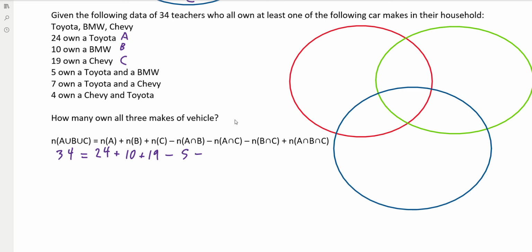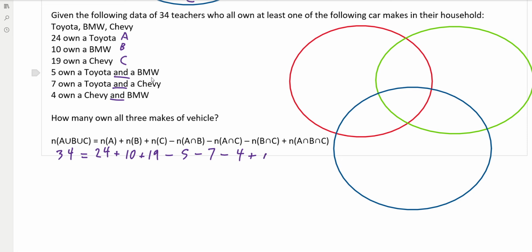Intersection between A and C, that's Toyota and Chevy, is 7. And the intersection between Chevy and Toyota, whoops, that's wrong. That's meant to be Chevy and BMW, is 4.